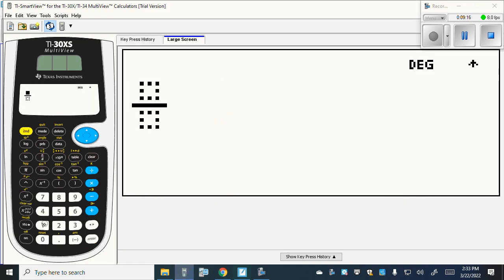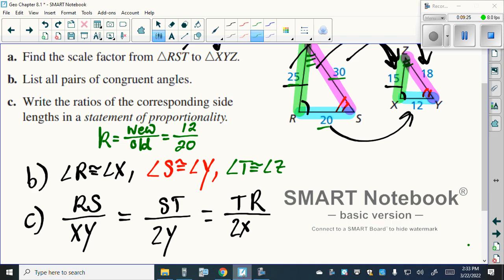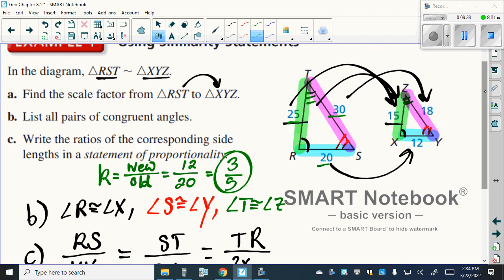Now at this point here, we could actually type this into the calculator. Clear. 12 over 20. And we get, so the scale factor is, well, it worked that way for this one because we were going from bigger to smaller.